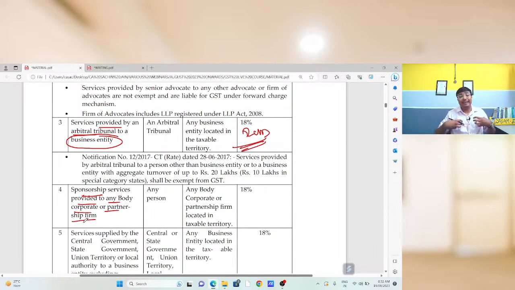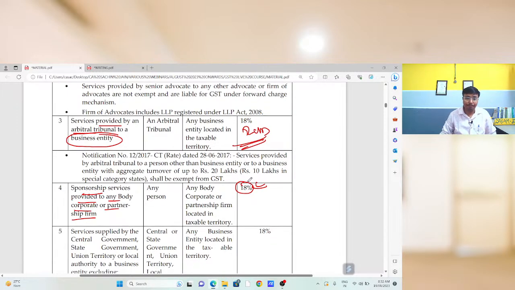The recipient, that is the business entity, the body corporate or the partnership firm that receives those sponsorship services, is liable to make the payment of taxes under reverse charge mechanism at the rate of 18%. We'll try to discuss certain practical transactions also. I will share the examples and the particular financial statement with all these transactions so that it will be more clear in your mind when we discuss the practical parts.